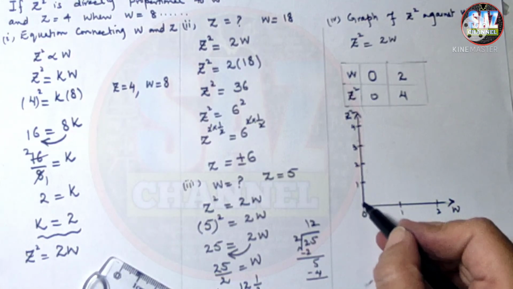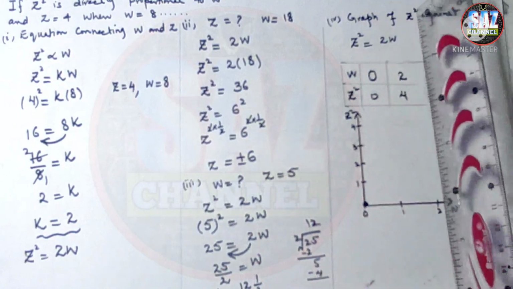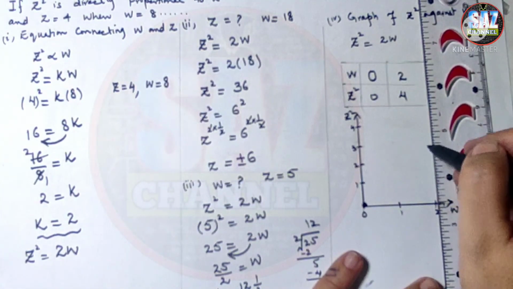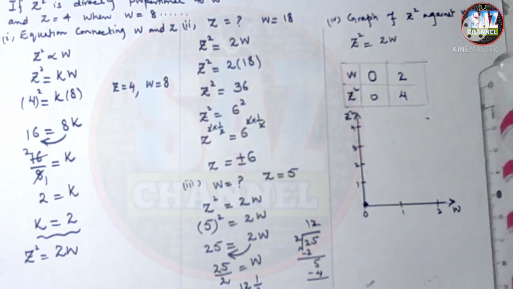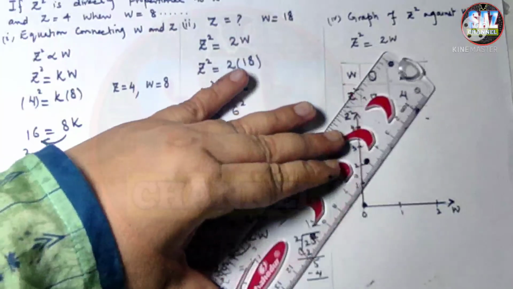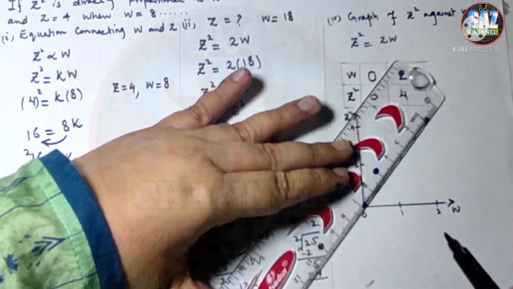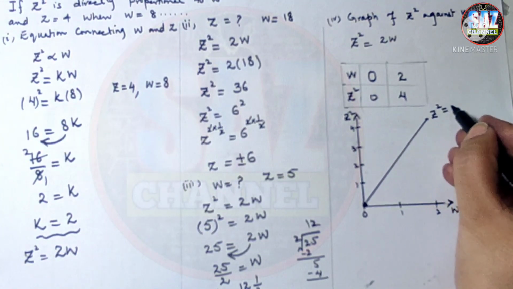When w is 0, z square is 0, and for 2 it's 4. So let me place the ruler here at the top of 2 and in front of 4. I have to mark the second point, and then join these 2 points with the help of a ruler, and I can easily get my graph. This is the graph for z square equals 2w.